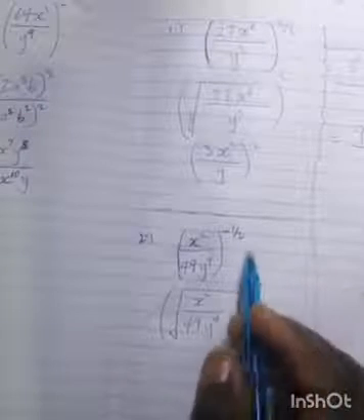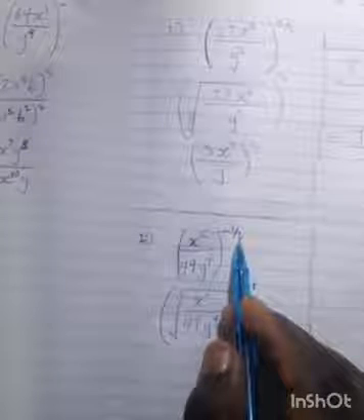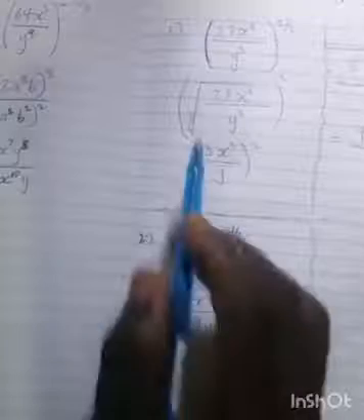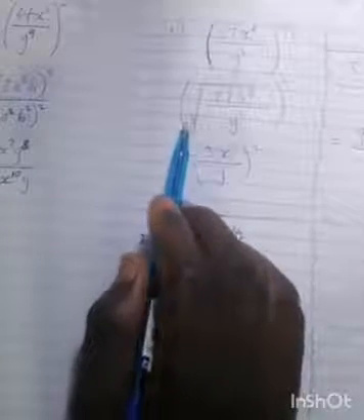Don't forget, I've told you before that if it's not more than 2, you may not need to indicate it. Like here in number 1, it's cube root, I put 3 there. But if it's square root, you don't need to put 2. It is already known that it is 2 that is there.